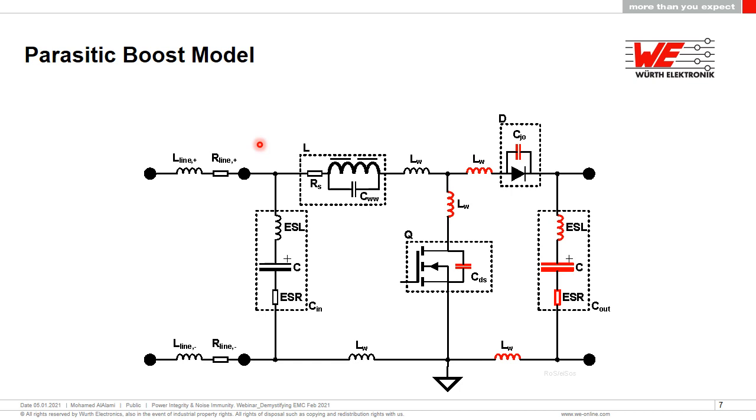Another aspect of the boost, which is applicable really to all types of converter topologies, all types of circuits that you design, is looking at the parasitic model. A parasitic model is very important because it's these parasitic components, these undesirable effects, that do cause us the grief, that do give us the headache. A boost converter or a buck usually switches at a fixed frequency, so you're quite clear on what you're switching at: 500 kilohertz, 1 megahertz, and so on.